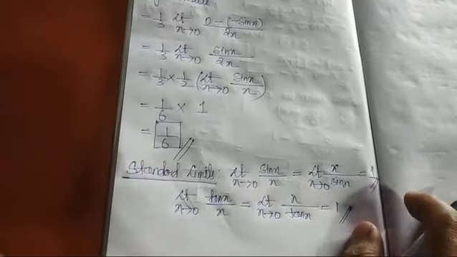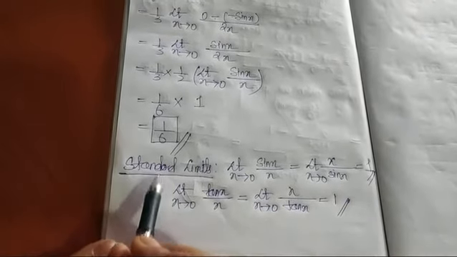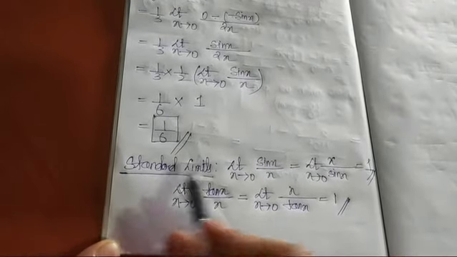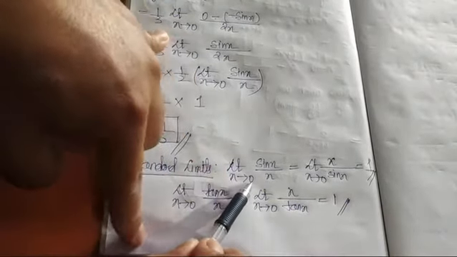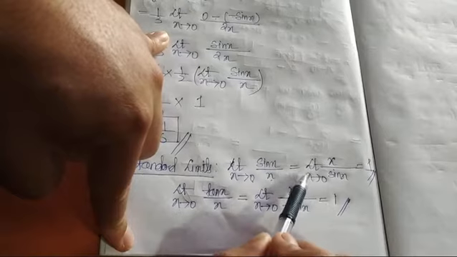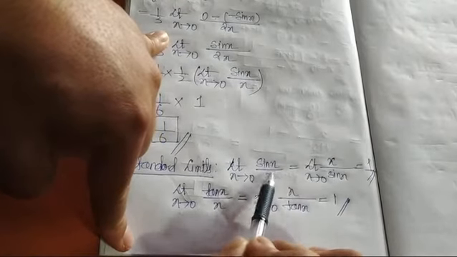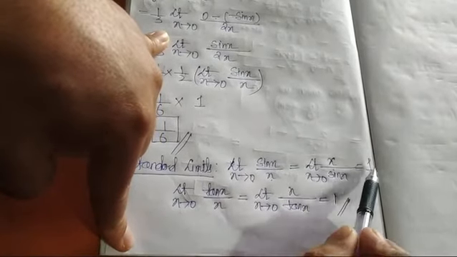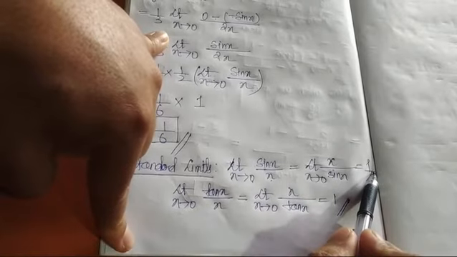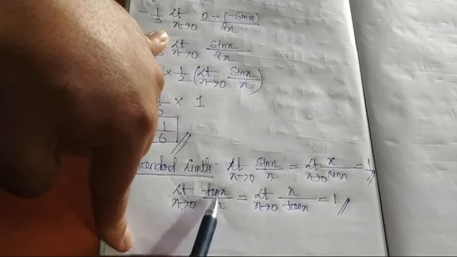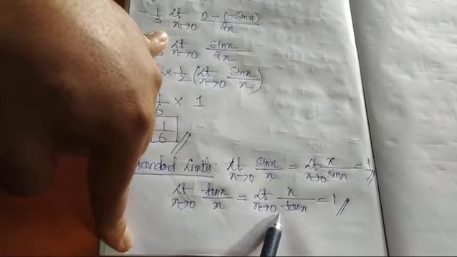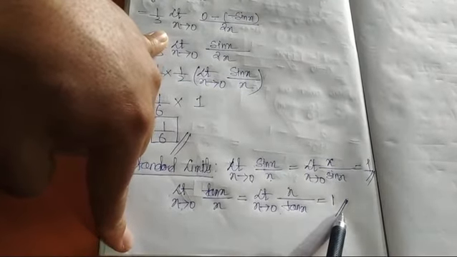Let us also understand the standard limits now. When we do this indeterminate form chapter, we have to come across these limits: limit x tending to 0 of sin x by x, or just the opposite, x by sin x, both of the limits are equal to 1. Even limit x tending to 0 of tan x by x, or x by tan x, is also equal to 1.